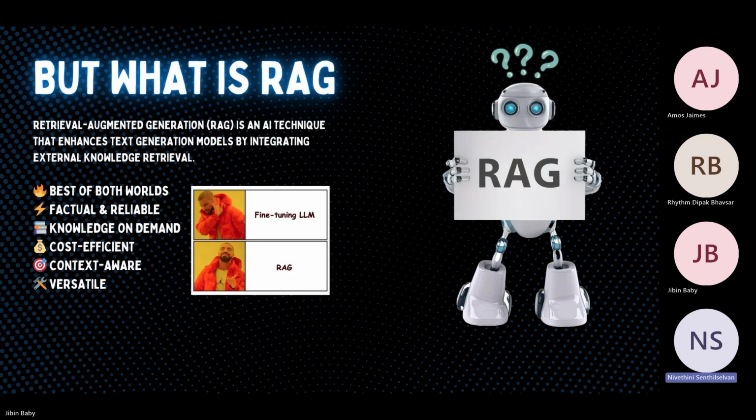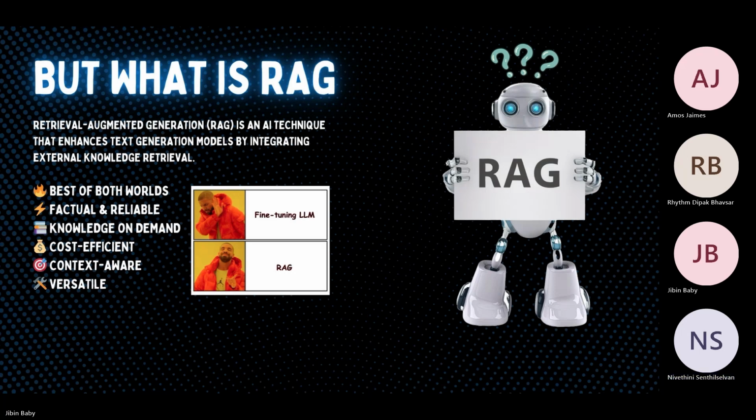And I would also like to add some advantages of using RAG over the fine-tuning LLM mechanism. So just imagine you're preparing for an exam. Fine-tuning is literally like memorizing the entire textbook before the exam. So if the textbook gets updated or undergoes any modification, you have to relearn everything from scratch.